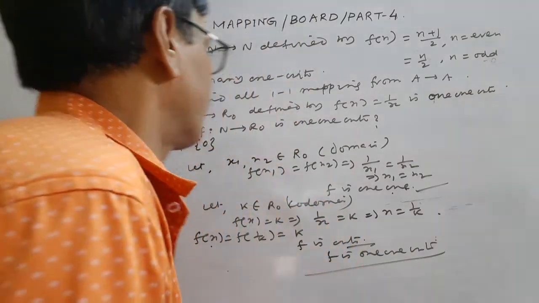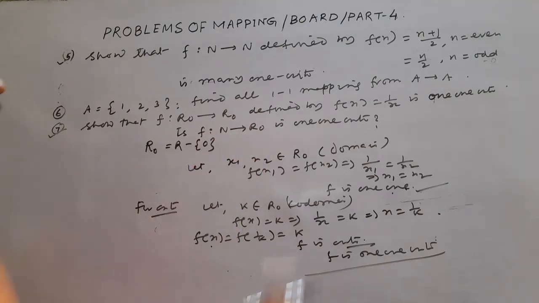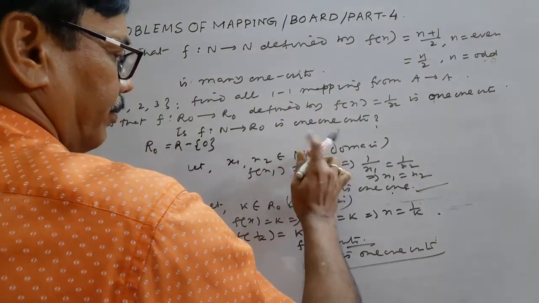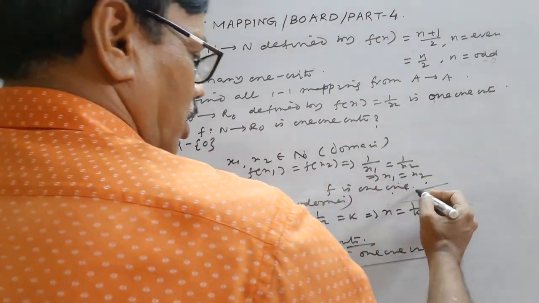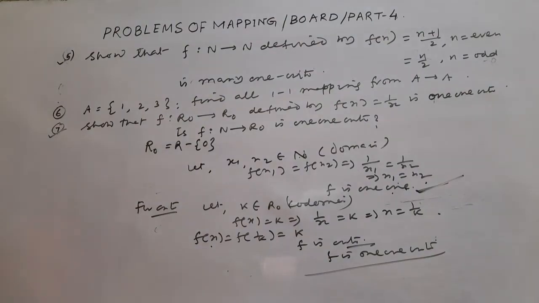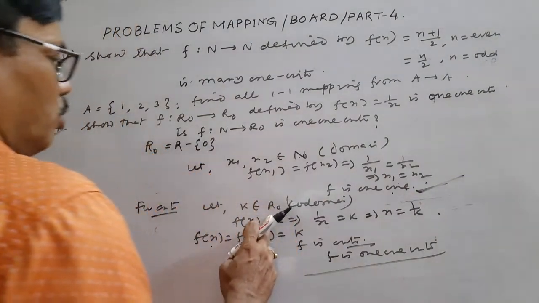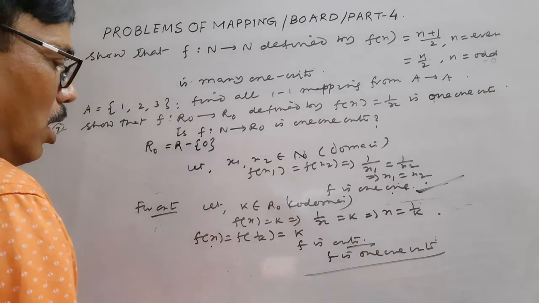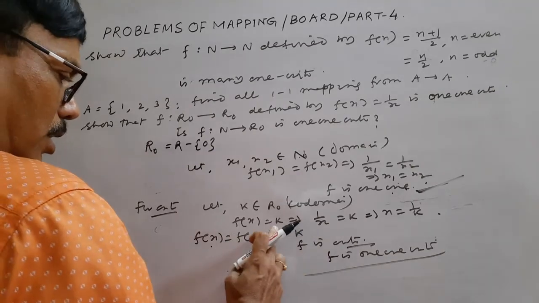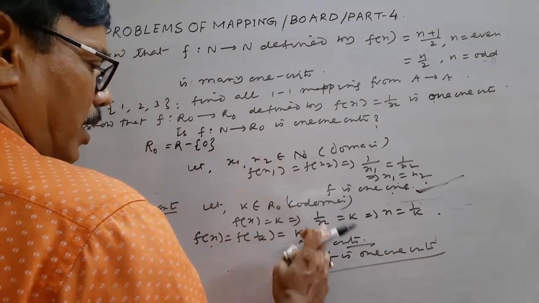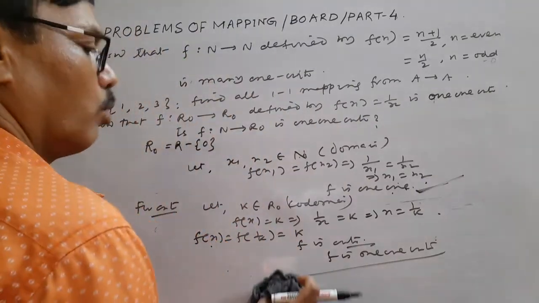Now second part. This is N to R0. Let x1, x2 belong to the domain N. f(x1) = f(x2) implies x1 = x2, so f is one-one. Now let k belong to R0, the codomain. f(x) = k implies 1/x = k, so x = 1/k.